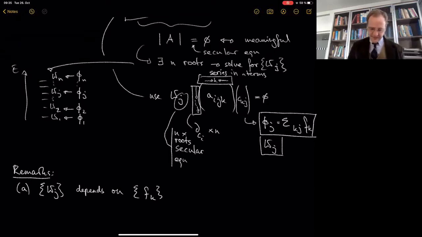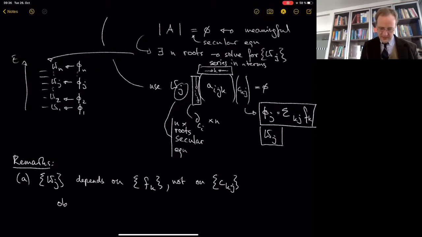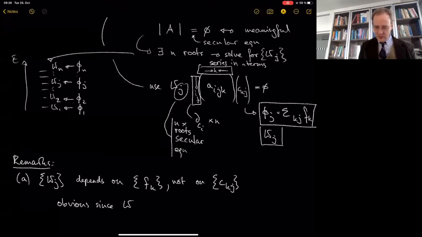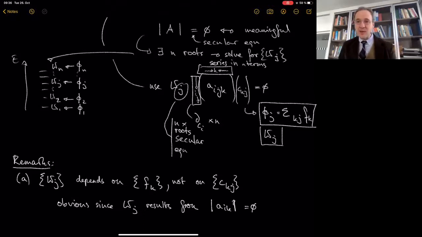So you see this not on coefficients CKJ. This becomes very much obvious since your W results from setting your determinant of the matrix equals 0, and in this matrix there are no coefficients.